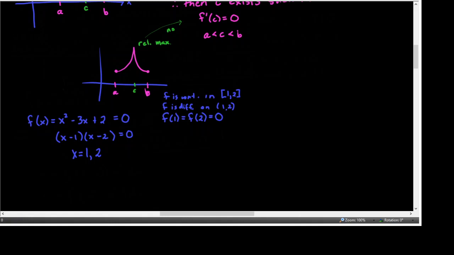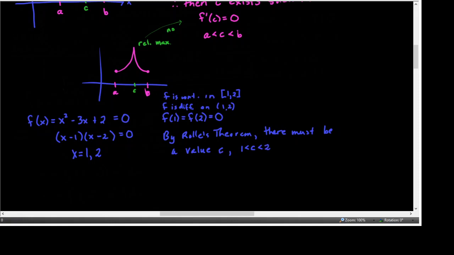So by Rolle's theorem, because we have those conditions met, we can conclude there must be a value C which is between 1 and 2.